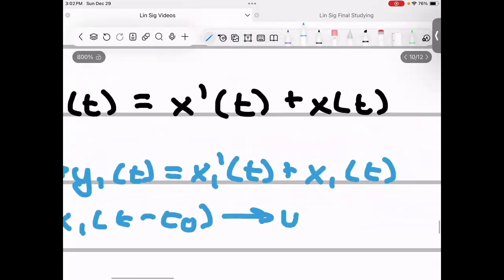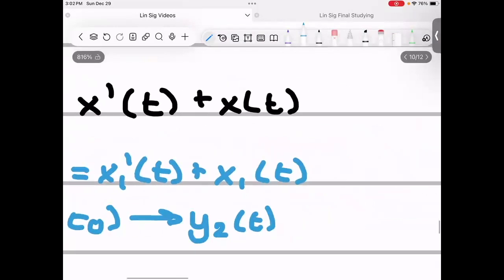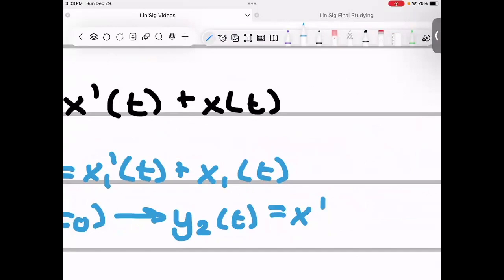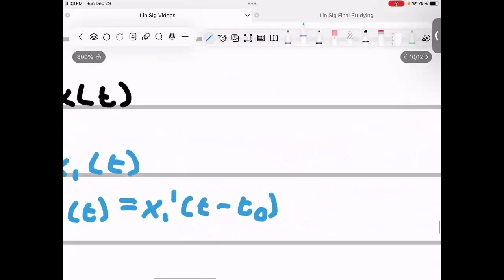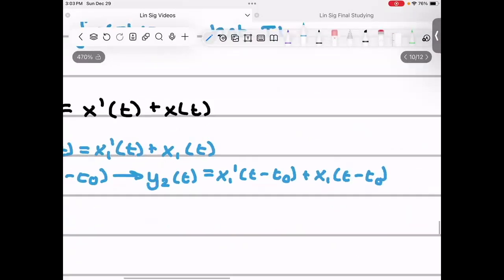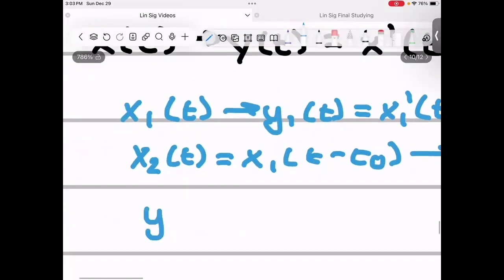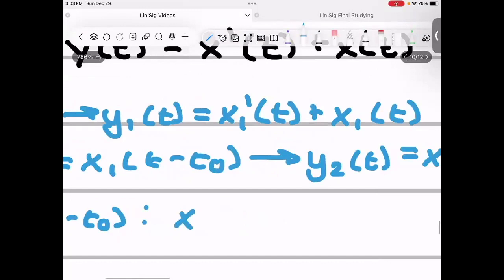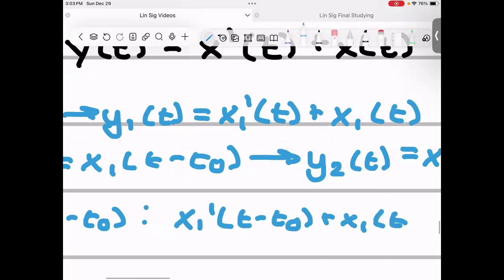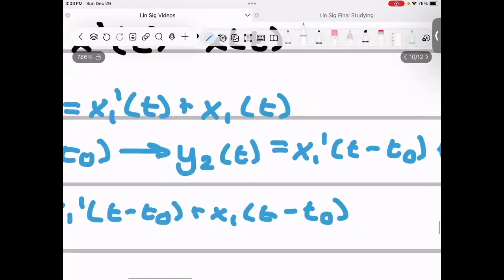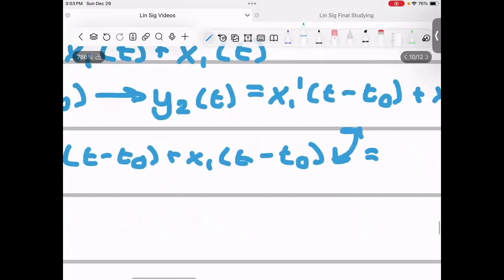And it gives us y2 of t equals x1 prime of t minus t naught plus x1 of t minus t naught. Okay, and then if we plug in y1 of t minus t naught directly, we're going to get x1 prime of t minus t naught plus x1 of t minus t naught. These are equal, therefore it is a time invariant system.